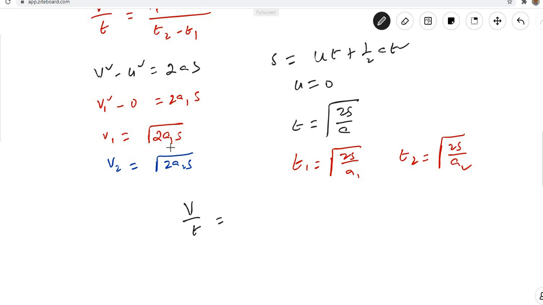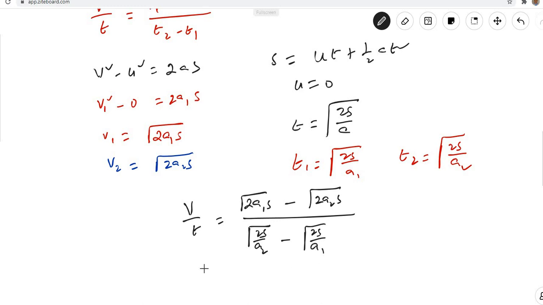What is v1? v1 is root over 2a1 s minus root over 2a2 s, whole upon t2 minus t1. t2 is root over 2s by a2 minus root over 2s by a1. If you observe clearly, everywhere there is 2s. If you take it common, it will get cancelled.